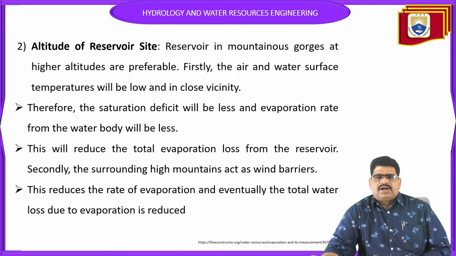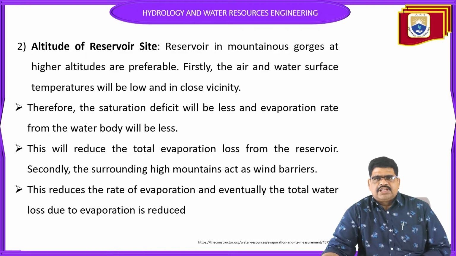The water surface temperature will be low in that vicinity. So that's why we prefer to construct the storage of water above the ground level or in mountain areas. Therefore, the saturation deficit will be less, and the evaporation rate from the water body will also be less.